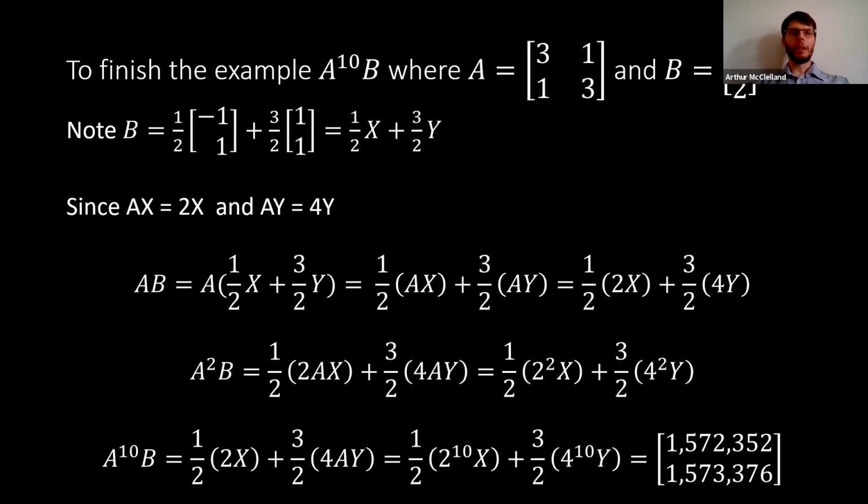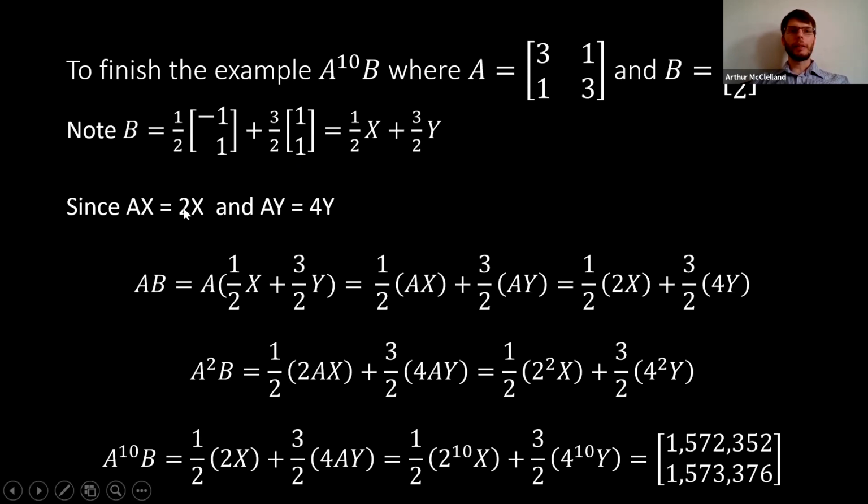We'll come back to that point in a moment, but just to finish off this example, we can write B as a linear combination of our two eigenvectors.